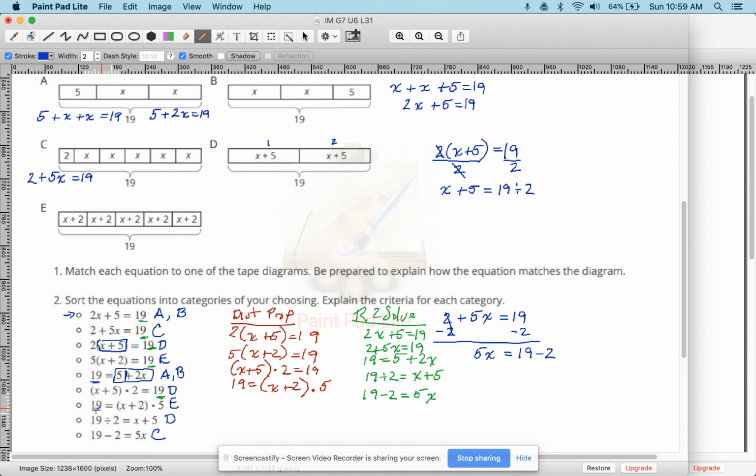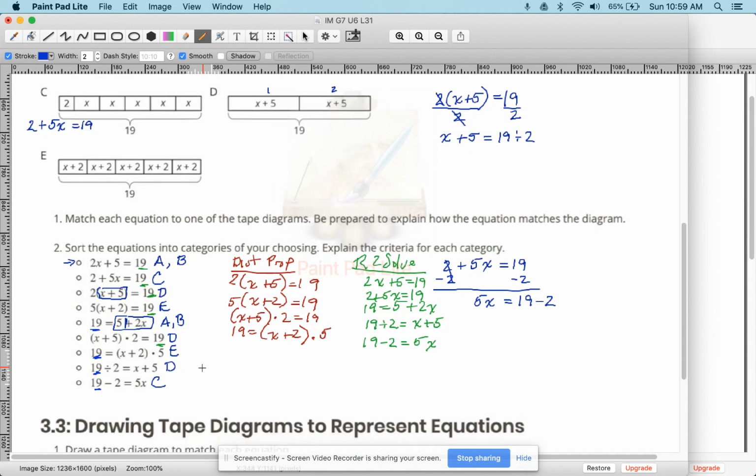So that's another way you could choose to sort them. These have the 19 on the left side. So there's a lot of different ways you could sort them. They just are trying to get you to look at the different equations in different forms and see that some of them could be equivalent.